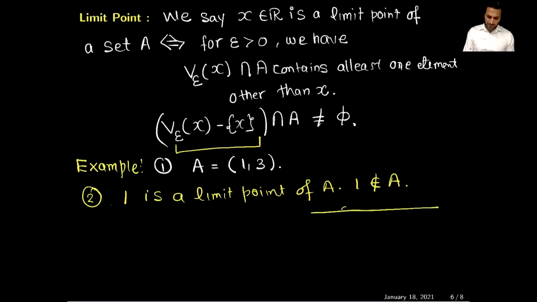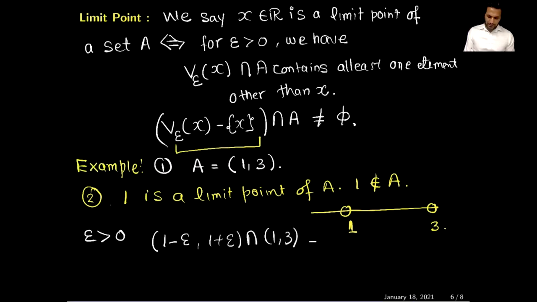Let's suppose this is 1, this is 3. Now I need to show that if I pick any arbitrary epsilon and take a neighborhood 1 minus epsilon and 1 plus epsilon, and intersect that neighborhood with 1 comma 3, this contains at least one element which is different from 1.